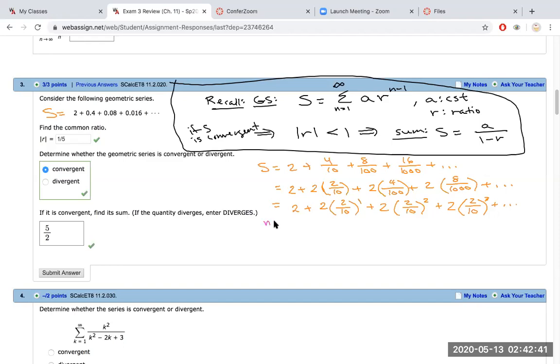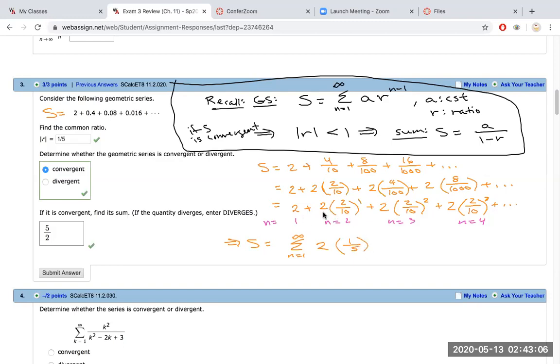So here, your n values: n is equal to 1, n is equal to 2, n is equal to 3, n is equal to 4, and so on and so forth for your summation. So S, what we find is the summation n equals 1 to infinity. We have 2 multiplied out front. 2/10 simplifies to 1/5.